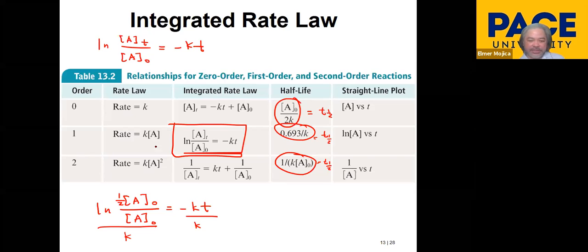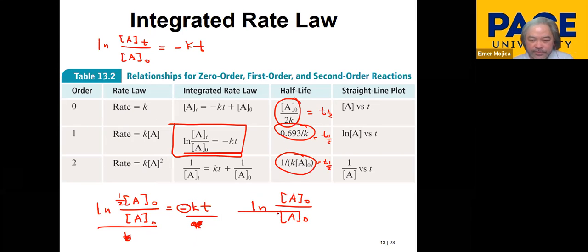Now, how can I eliminate the negative k? Can I just make it like this? Are they the same?